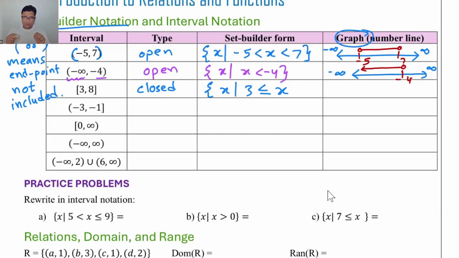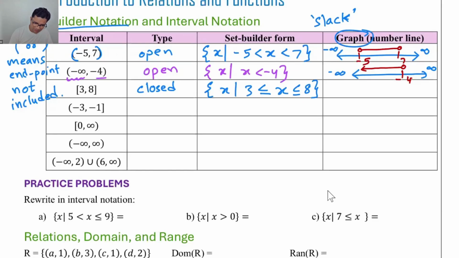The ones that we used for the first two are called strict inequalities. So negative 5 is strictly less than x. Now, this is not strict. Another word for not strict is slack, if you want to note down the jargon. It's called a slack inequality. So 3 is equal or less than x. In the same way, x is equal or less than 8 on the right side. And that's the closed interval.